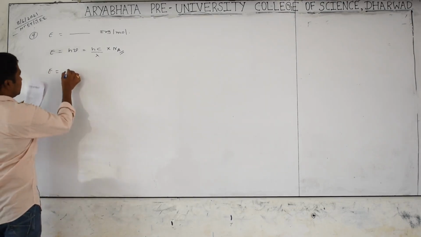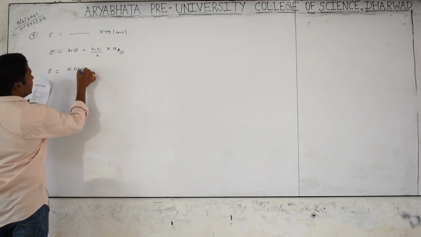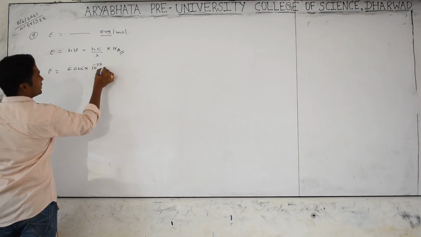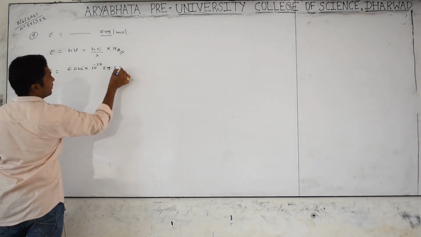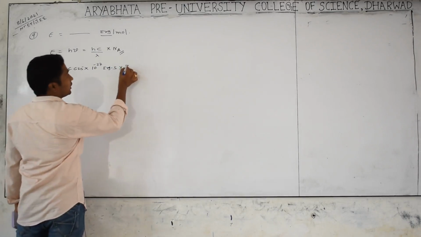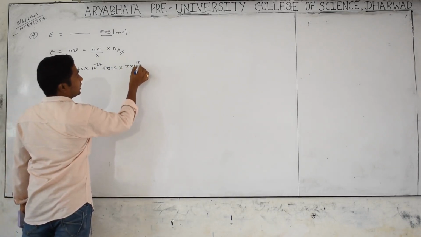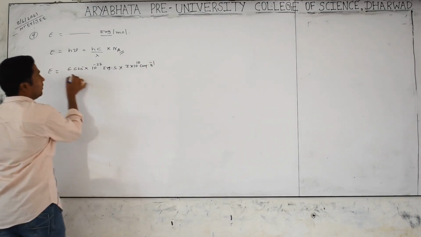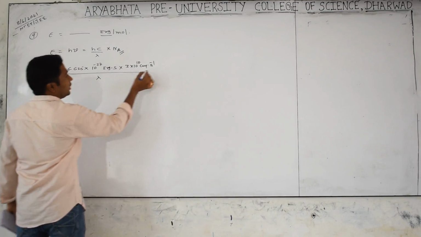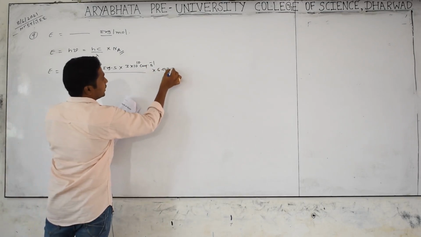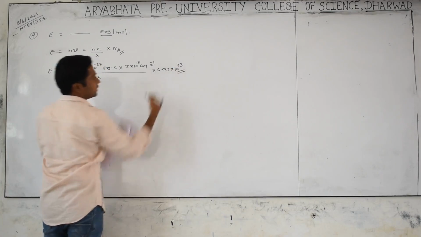The h value is 6.625 into 10 to the power of minus 27 erg second, into the light velocity, which should be taken in centimeters, 3 into 10 to the power of 10 centimeters per second, by lambda, into the Avogadro number, 6.023 into 10 to the power of 23.